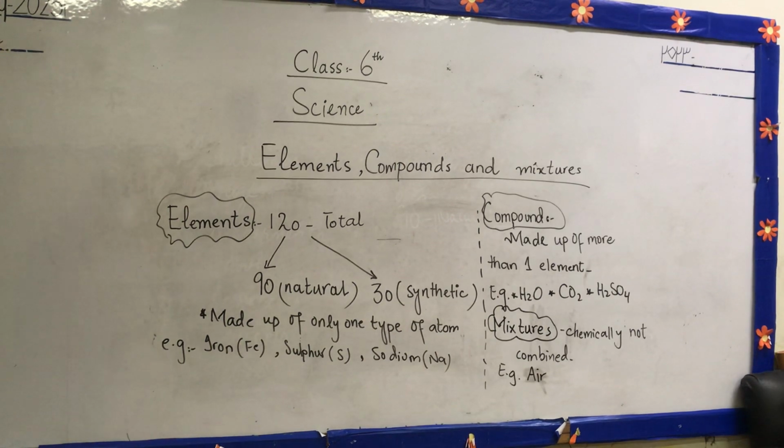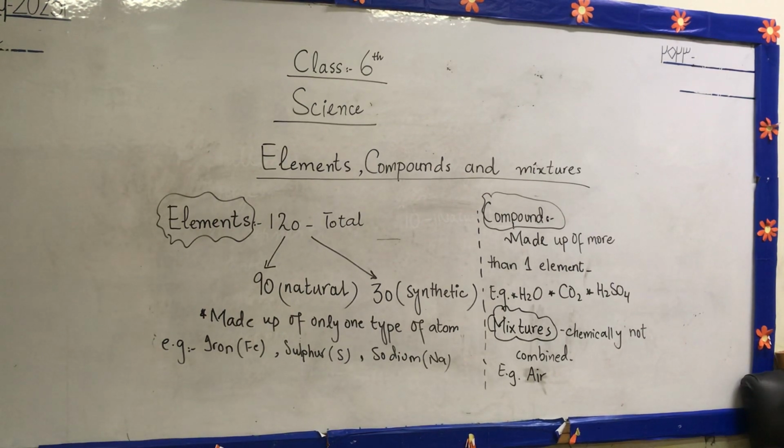In photosynthesis, the plant will use the carbon dioxide that you exhale. Carbon dioxide is coming out of your body, and the plant will use this carbon dioxide in the presence of the sun. They will make food in the form of glucose.